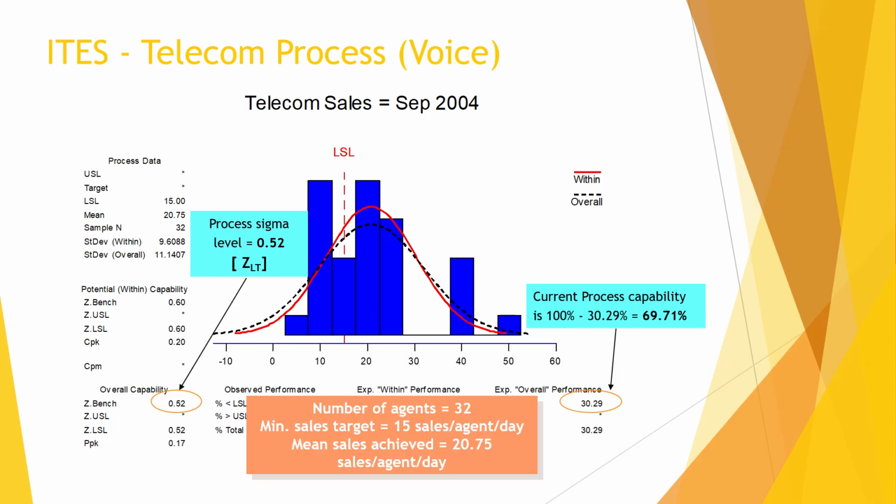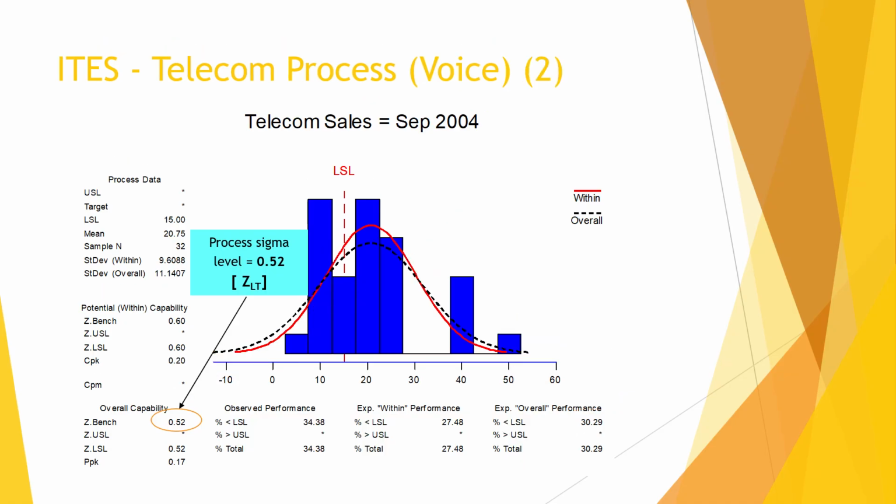Number of agents was 32. Minimum sales target, 15 sales per agent per day. The mean sales achieved, 20.75 sales per agent per day. What's the financial impact of this?